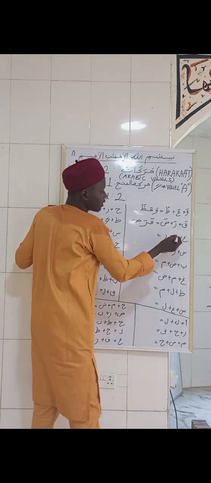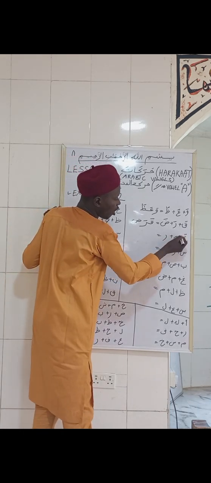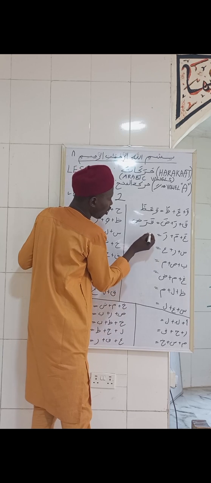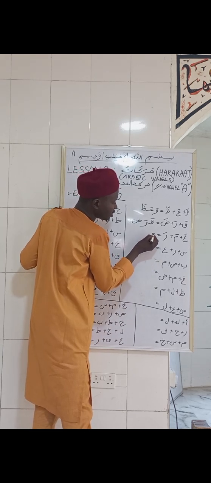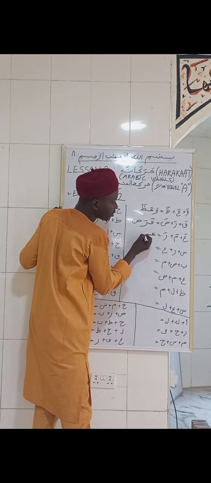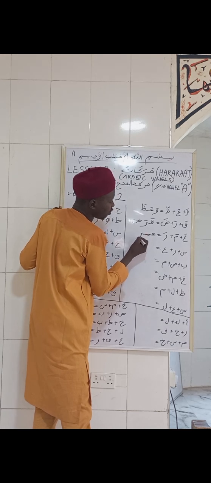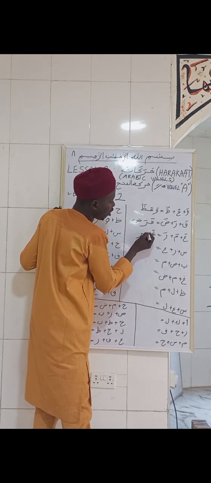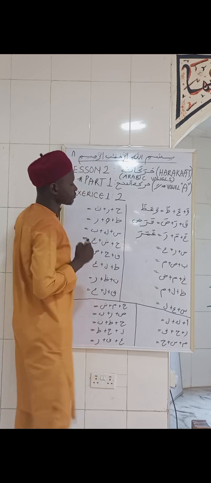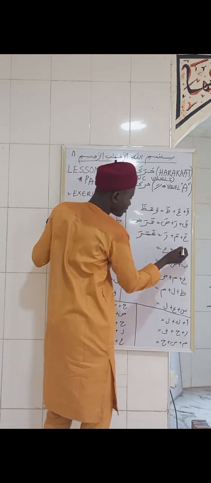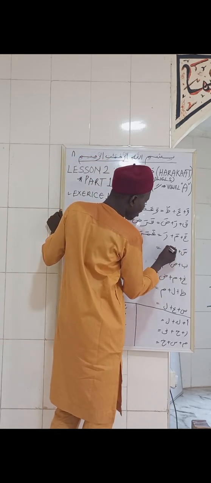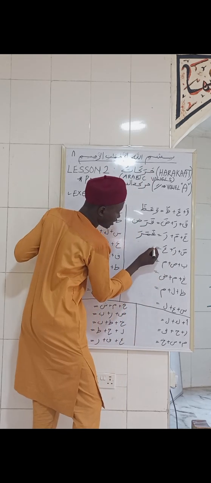So, ghamara. Ghayn, you can join it with mim and join it with ra. Ghamara. This one is what? Sara'a. You do it like this.